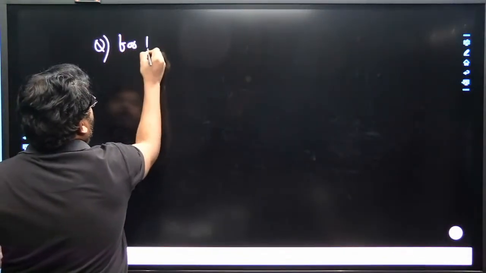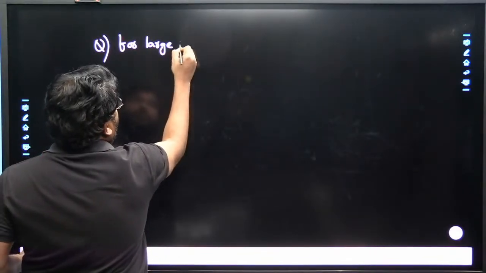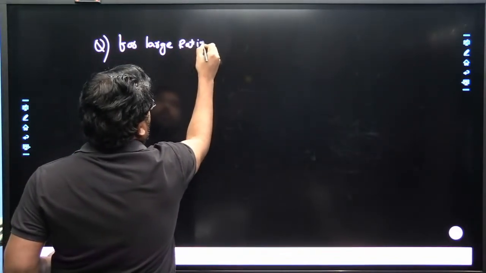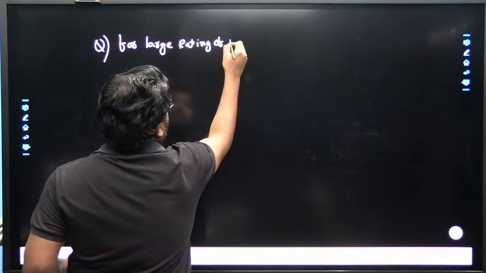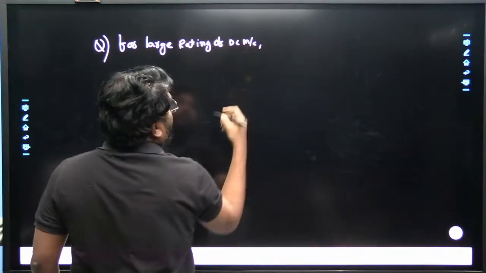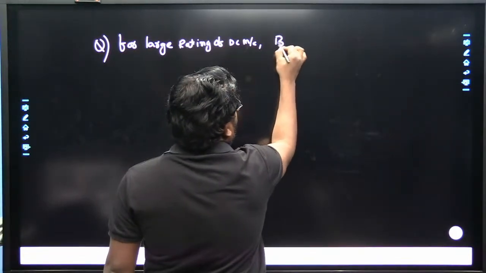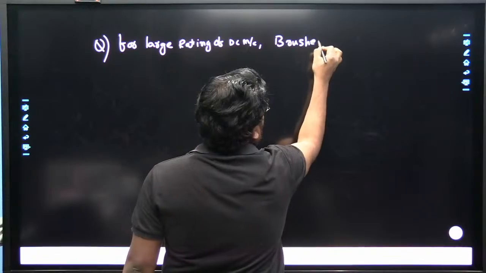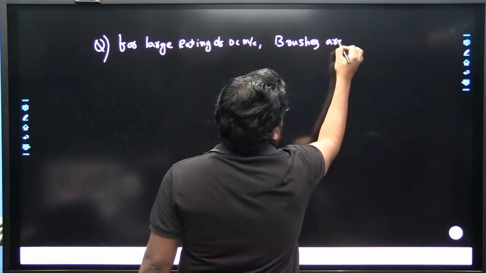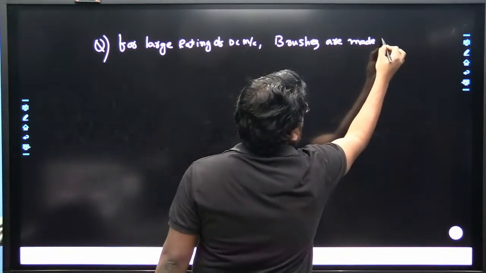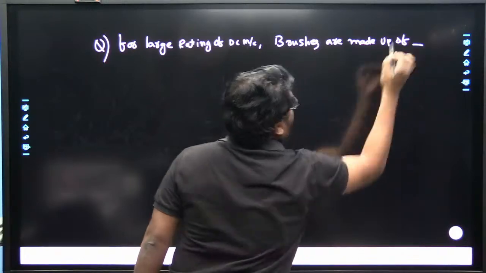For large rating of the DC machine, brushes are made up of dash.